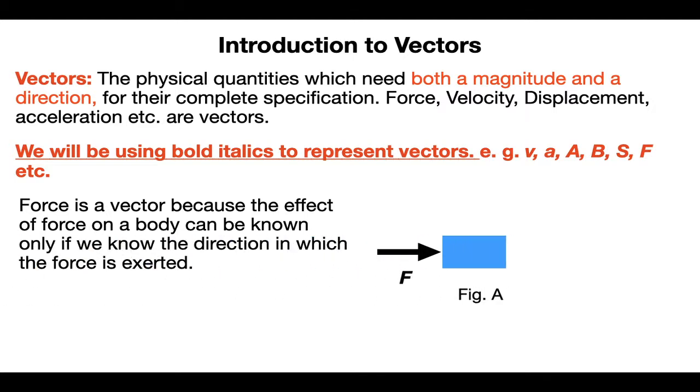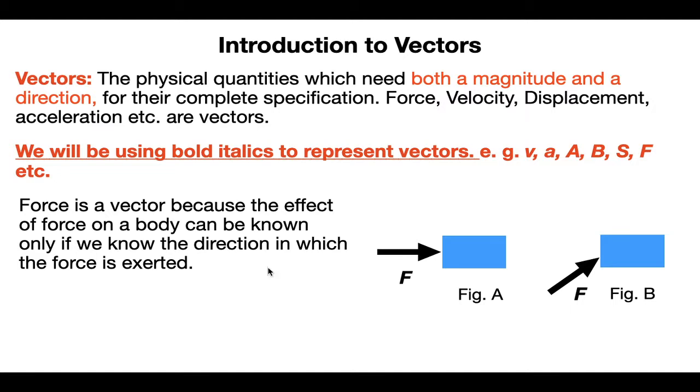As you can see, this is figure A. A force F is acting on a block along the horizontal. This is figure B, and a force of equal magnitude is acting on the same block but in a different direction. We know that the two forces, that is the one shown in figure A and the other shown in figure B, will produce different effects on the block.